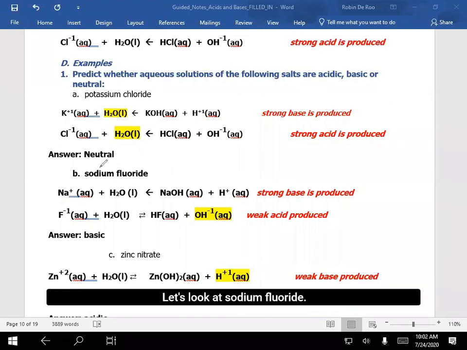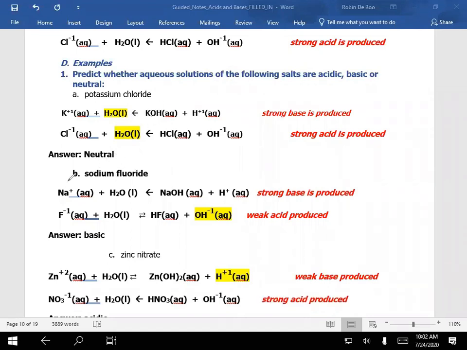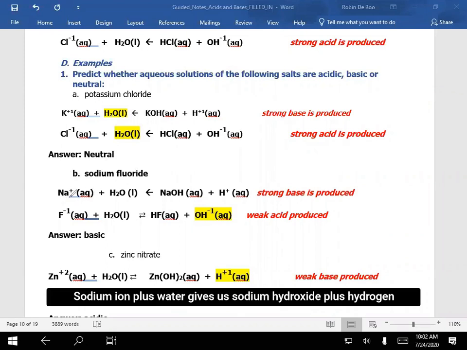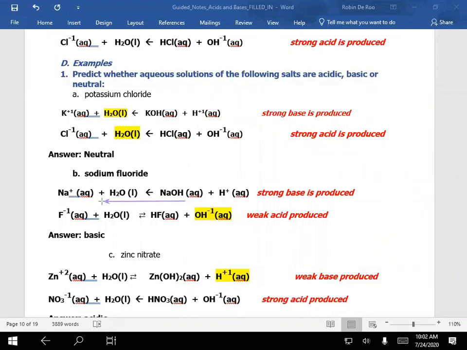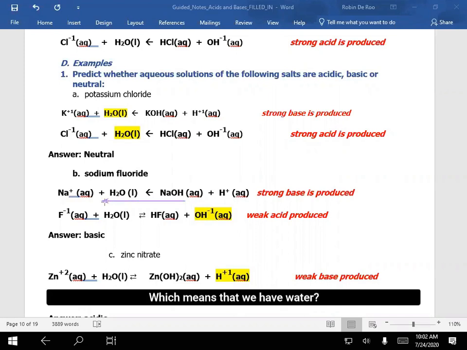Let's look at sodium fluoride. Sodium ion plus water gives us sodium hydroxide plus hydrogen ion. Sodium hydroxide is a strong base, and so it's going to go backwards, which means that we have water.